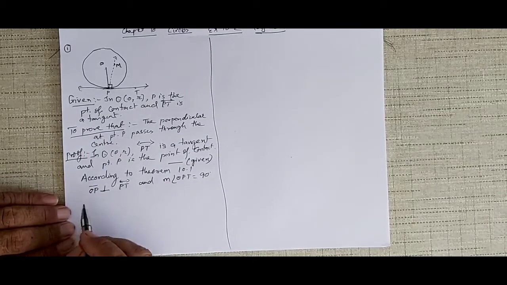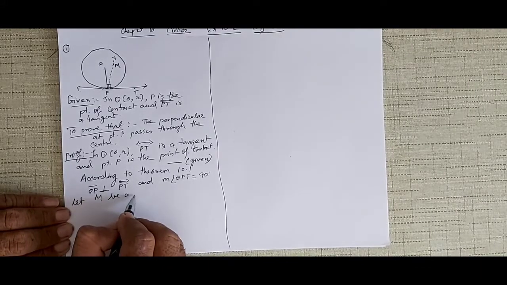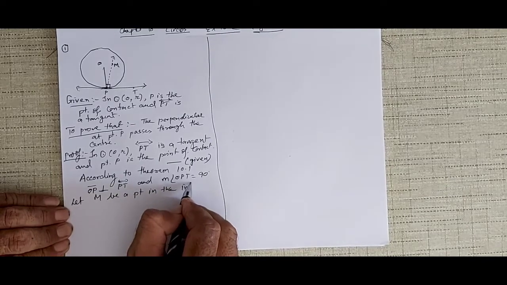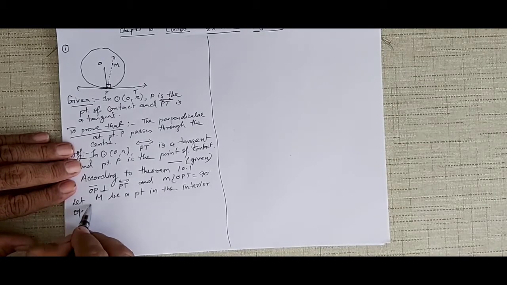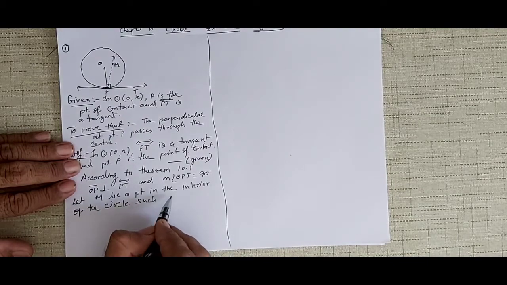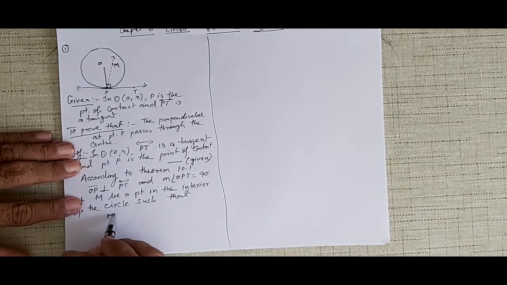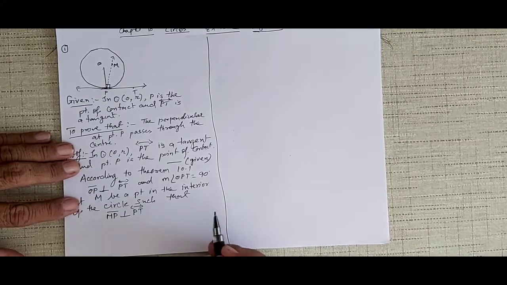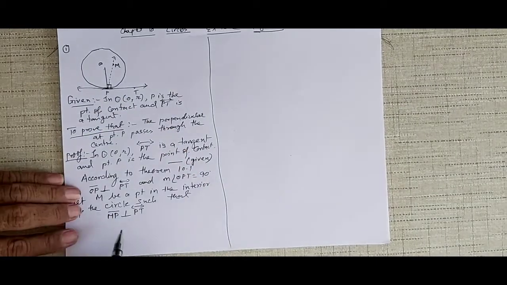That is theorem 10.1. Let M be a point in the interior of the circle such that MP is perpendicular to PT. We are assuming that.